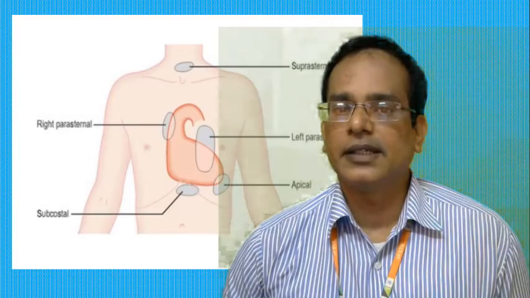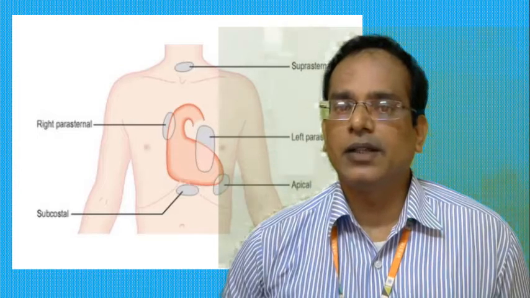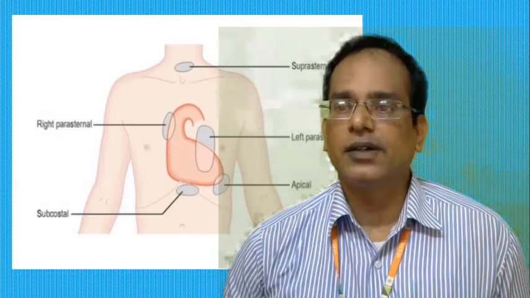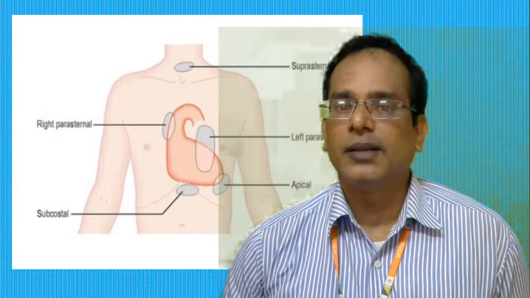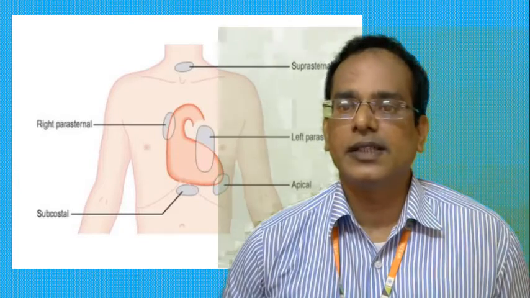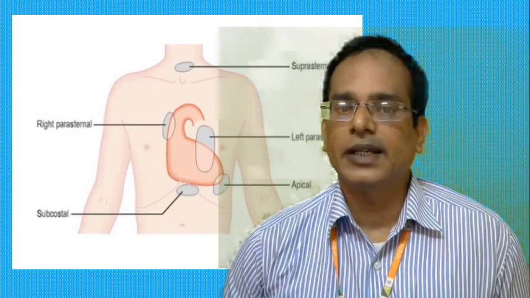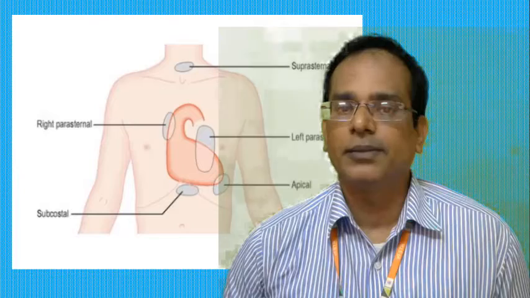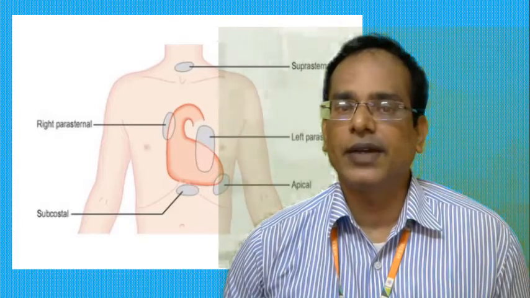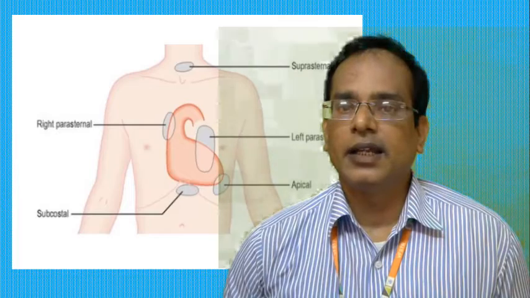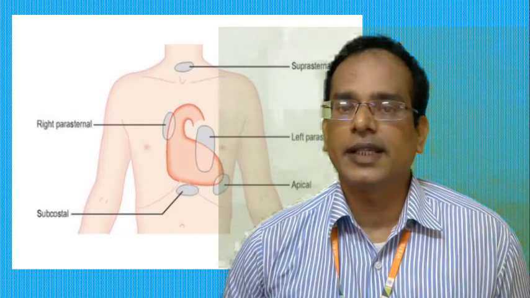Now we will discuss another topic, the standard echocardiogram window. It provides information about the standard positions on the chest wall that are used for placement of the transducer. That is called the echo windows. Here is the information we can obtain from the echocardiogram. First, suprasternal information that you are seeing in the diagram.